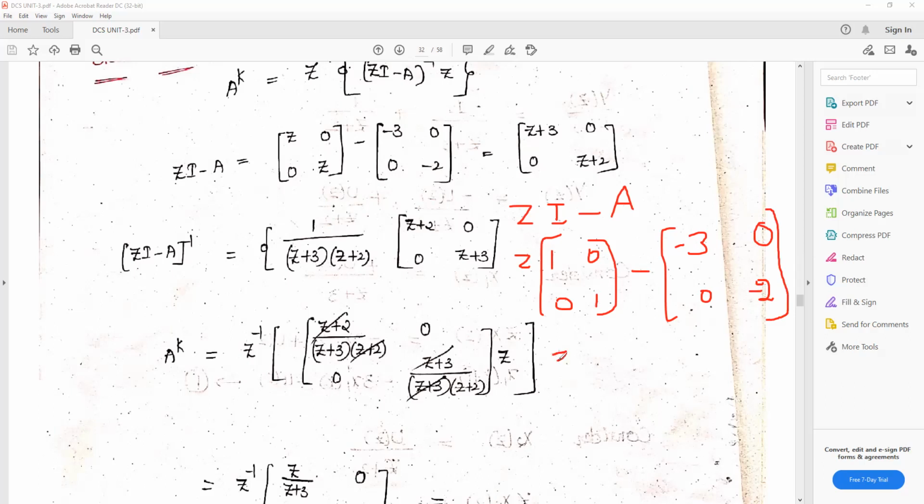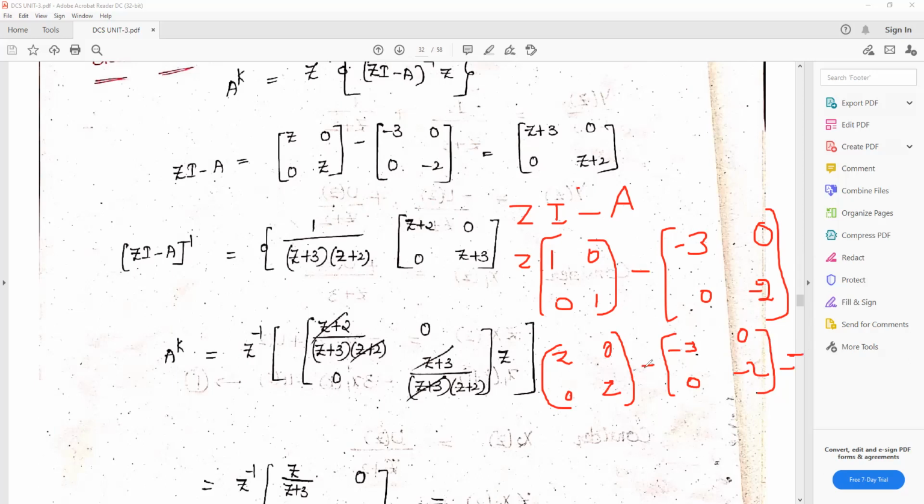So Z, 0, 0, Z minus the A matrix -3, 0, 0, -2.